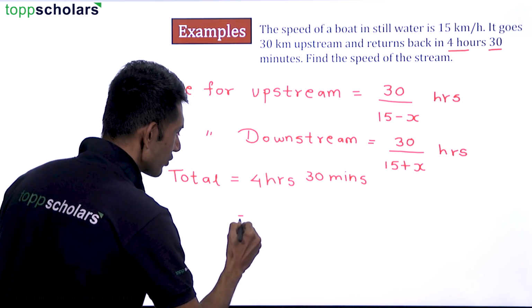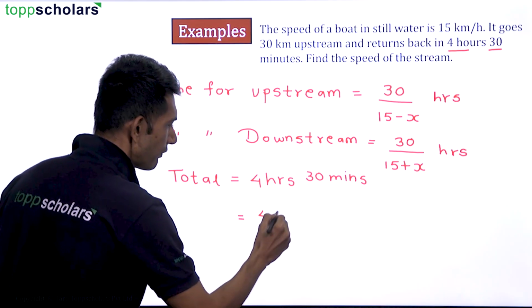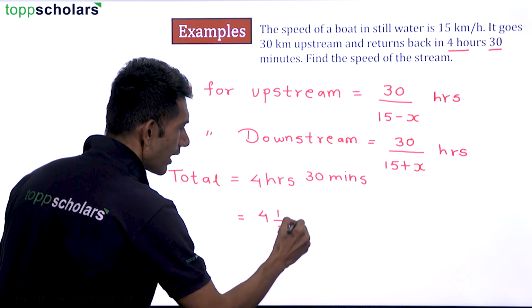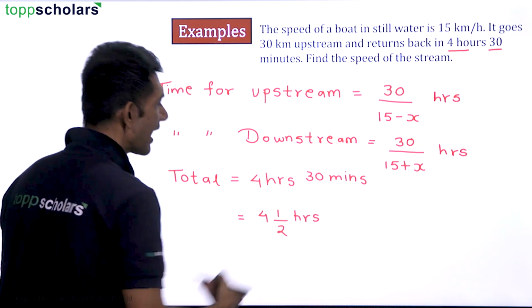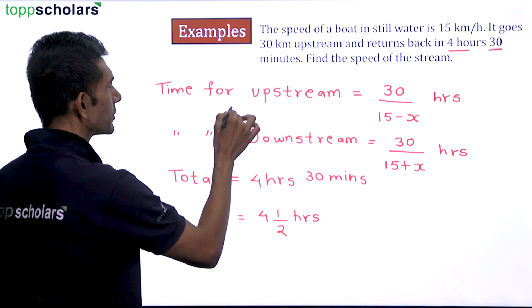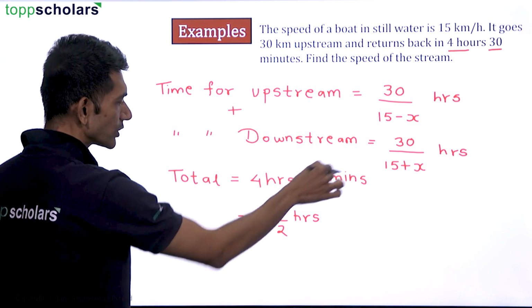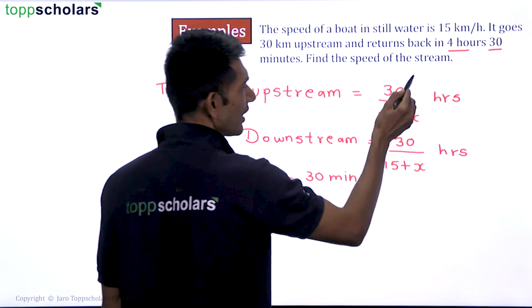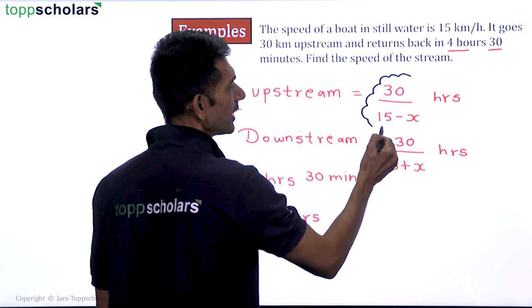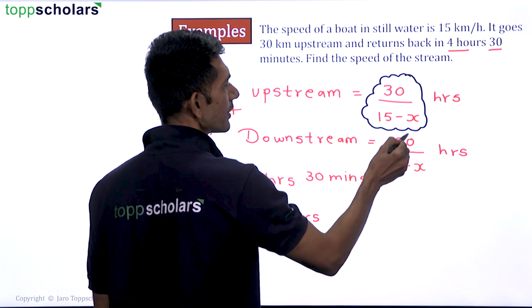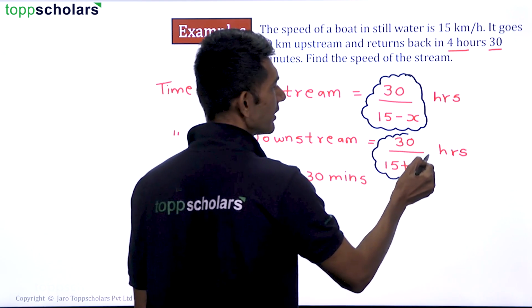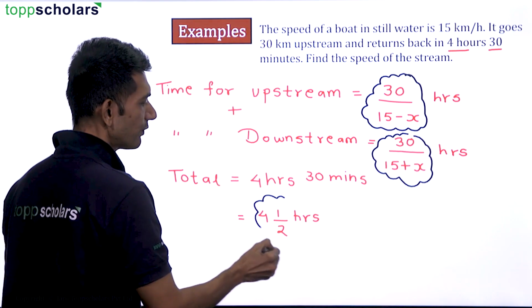So can I say this is going to be 4 1 by 2 hours, 4 and a half. So time for upstream plus time for downstream will be equal to 4 and a half. So the equation that we are going to get is 30 by 15 minus x plus 30 by 15 plus x is equal to 4 and a half.